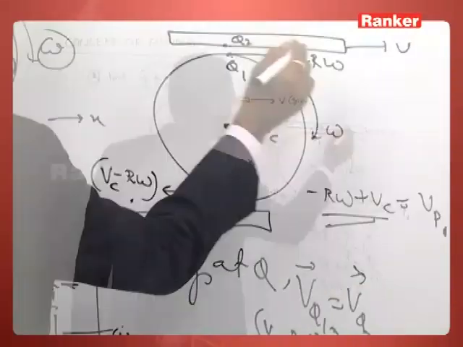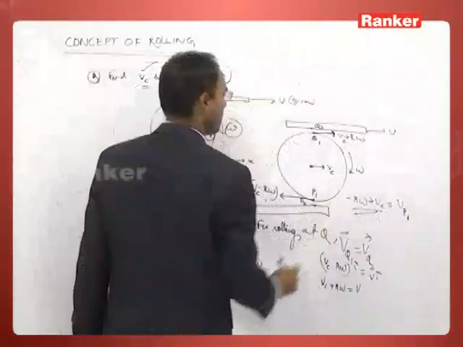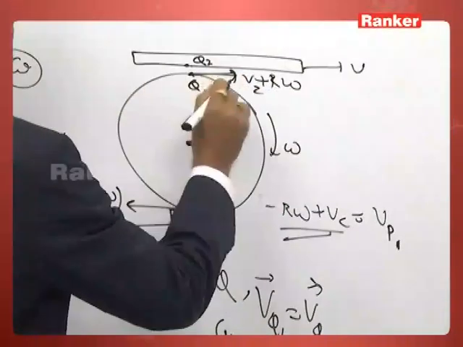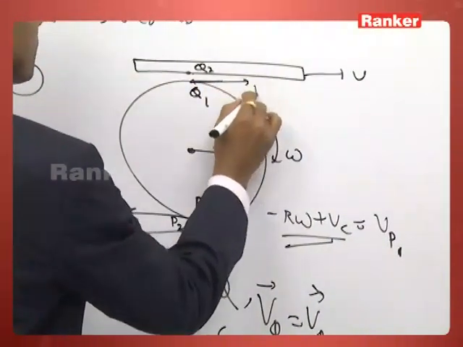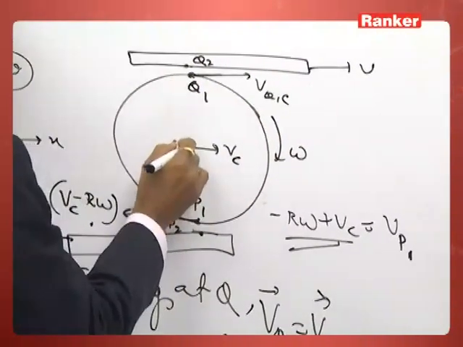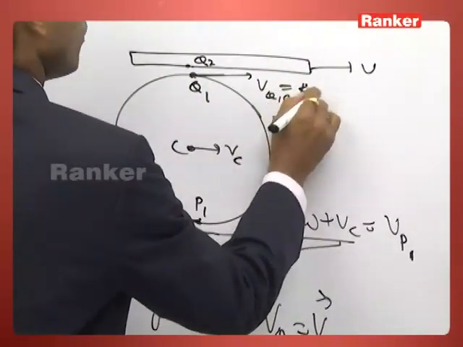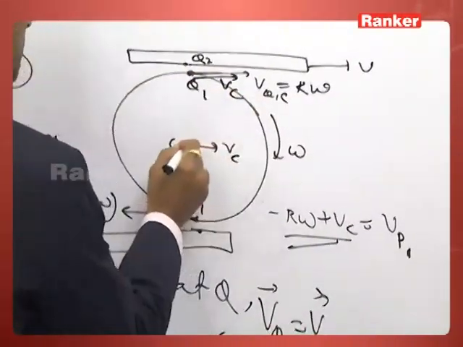And for this point Q1, Vc is in this direction and R omega is in the same direction, because this point moves with respect to C in this direction, that's R omega, and you have to add velocity of the center of mass also.